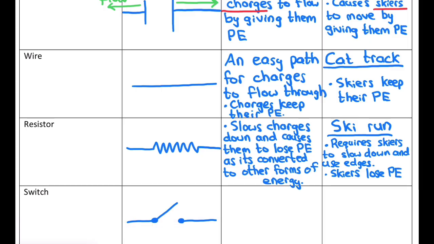And the effect is that this switch is able to start and stop the flow of charges, or start and stop electric current.